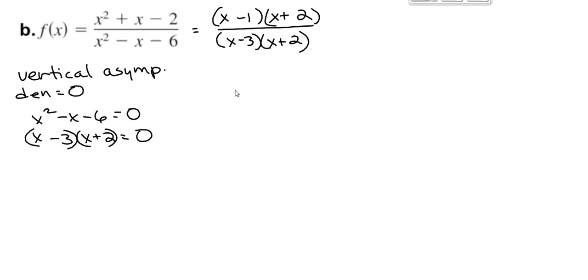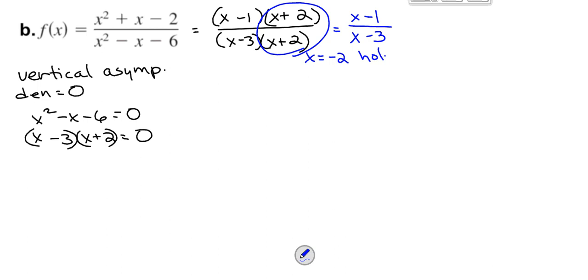It is still undefined at x equals -2, but what we'll have there is a hole. And so this reduces to x minus 1 over x minus 3. Since this is a common factor, that means at x equals -2, there's a hole, not an asymptote.